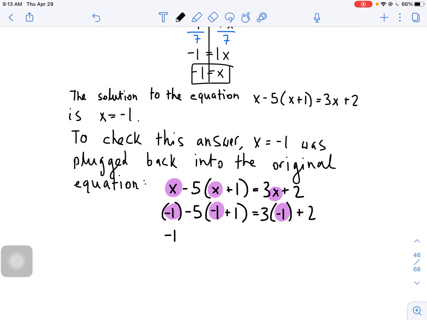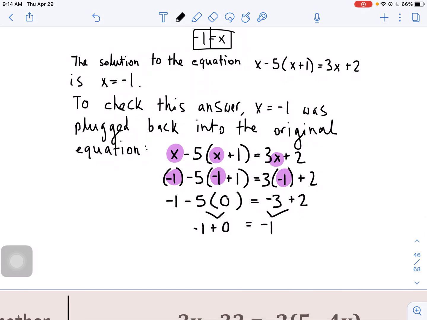So we have negative 1 minus 5. Negative 1 plus 1 is 0. 3 times negative 1 is negative 3 plus 2. Negative 5 times 0 is just 0 equals negative 3 plus 2 is negative 1. Negative 1 plus 0 is negative 1. Negative 1 equals negative 1.